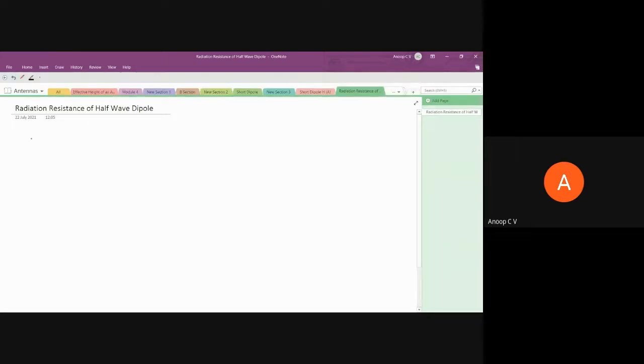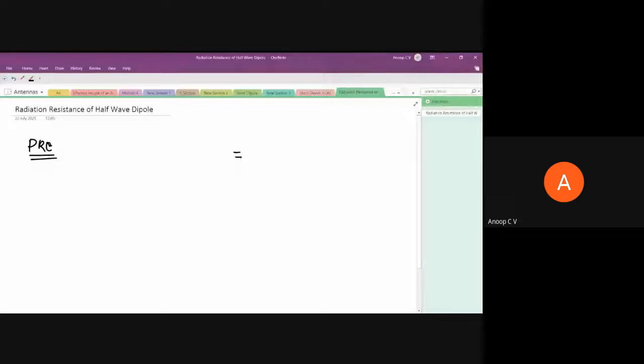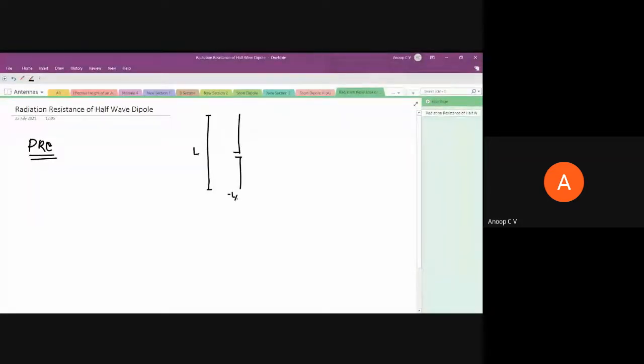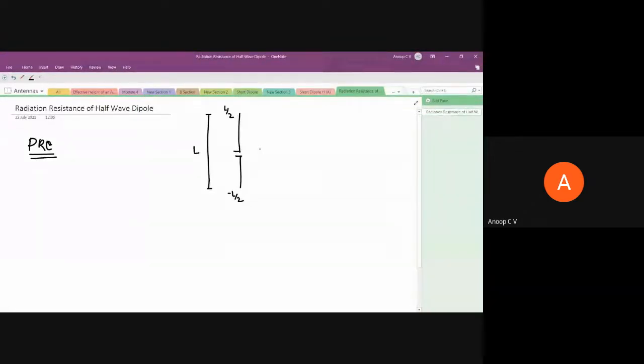The prerequisite, what we should have readily in hand, is this: maybe initially I'll start by drawing the system model. This is our thin linear antenna, its length is L, so it will be spanning from minus L by 2 to plus L by 2 on the Z axis with its center at the origin.